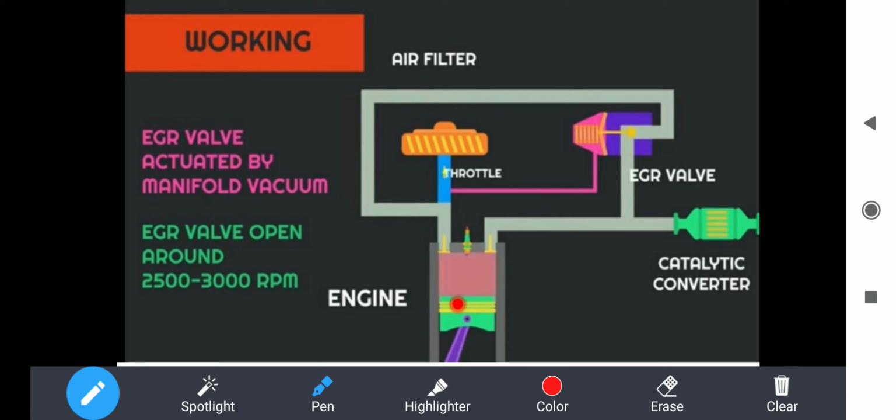So all these gases, including the carbon dioxide which is released in high percentage, start to come out from the exhaust valve. At that moment, all of this is controlled.